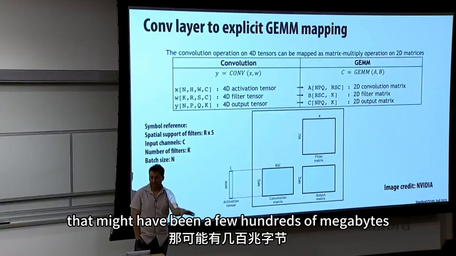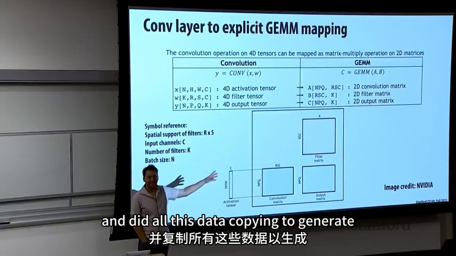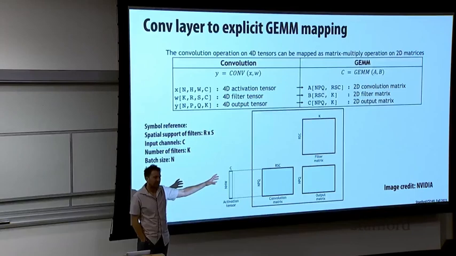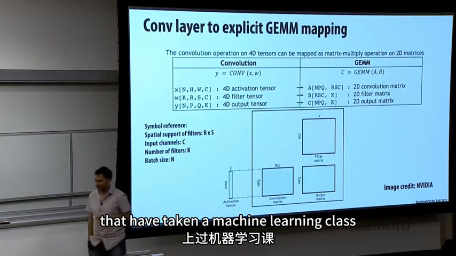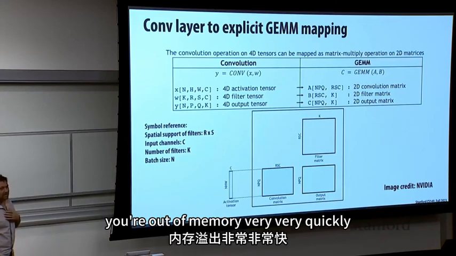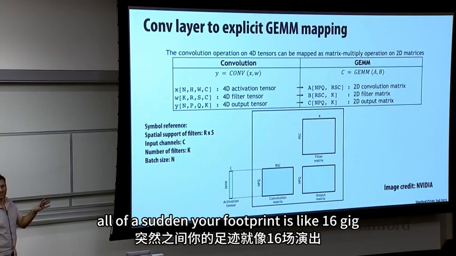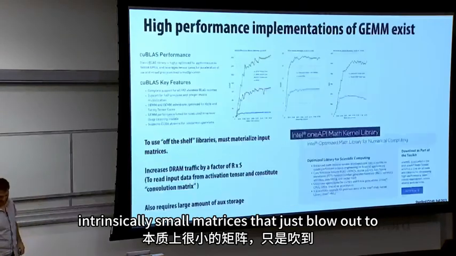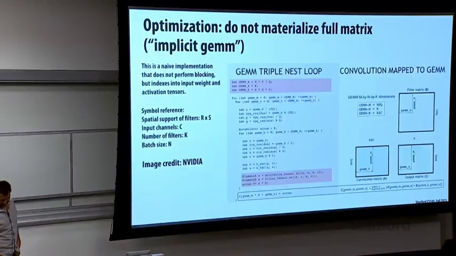So I took a data set that might have been a few hundreds of megs and actually made it a matrix and did all this data copying to generate maybe multiple gigabytes of matrices. And especially with a certain batch size, and for those of you that have taken a machine learning class, having to keep extra information around during backpropagation and stuff like that, you're out of memory very, very quickly. Like with these little matrices, all of a sudden your footprint is like 16 gig. Or these little, intrinsically small matrices that just blow out to 16 gig.